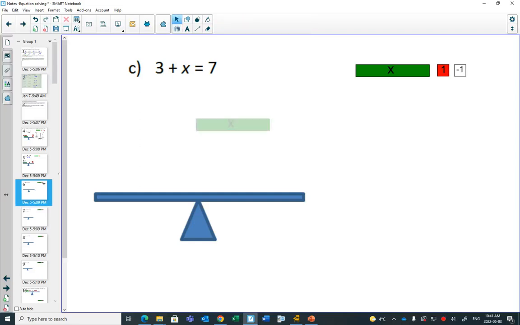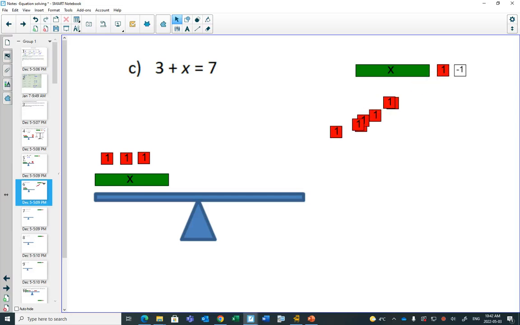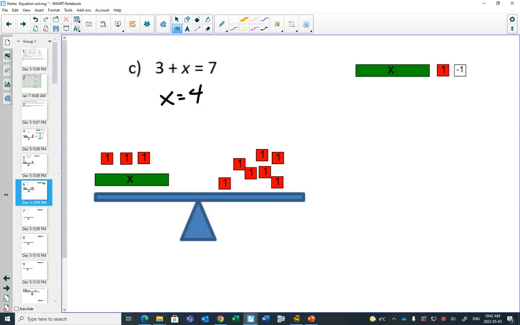All right, how did you do? Did you have 3 plus x on this side, and 7 on this side? And did you figure out that x was 4?